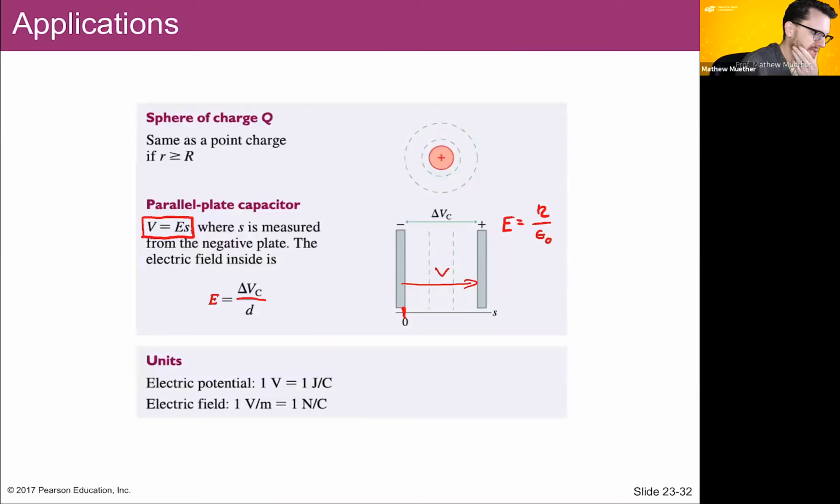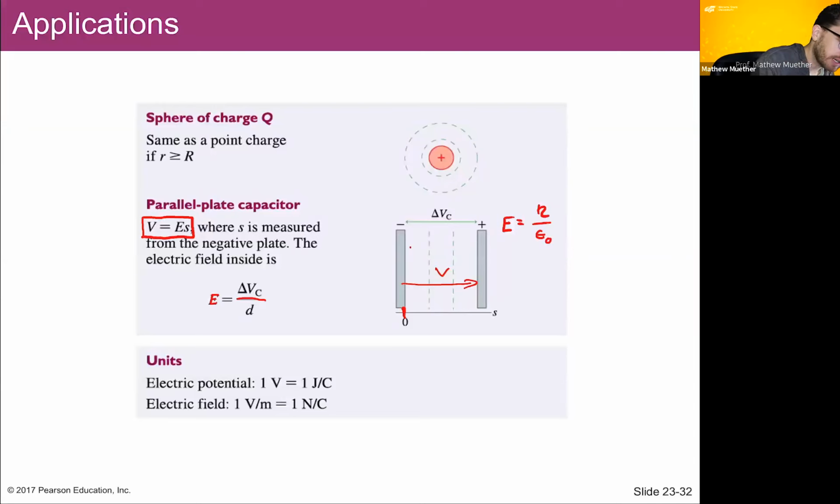So you can see this expression from what we have written down for this capacitive plates. There's a relationship between the electric field and the electric potential. And it tells me that if I move some distance through a fixed electric field, my electric potential is going to be increasing.